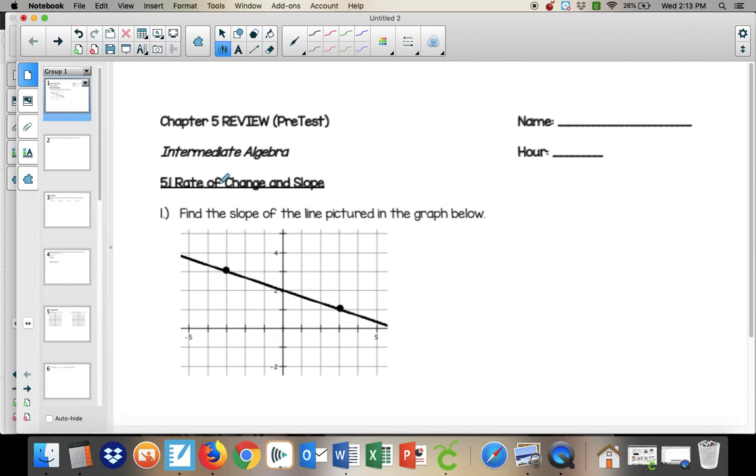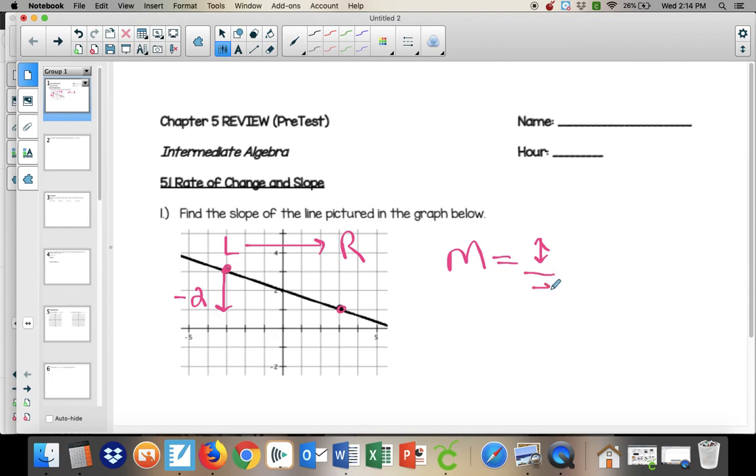For this first one, find the slope of the line pictured. So remember, we read from left to right. So from this first point on the left to the second point on the right, I am going down. So I count, I'm going down 1, 2. Because I am going down, it is a negative. So my slope is rise over run.